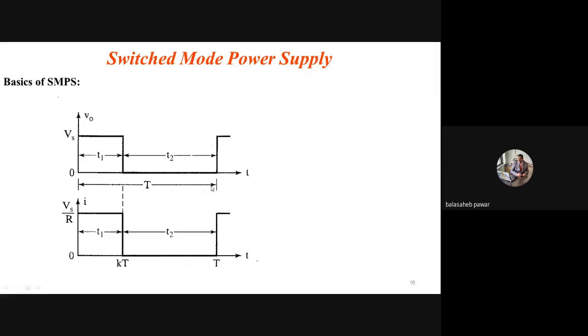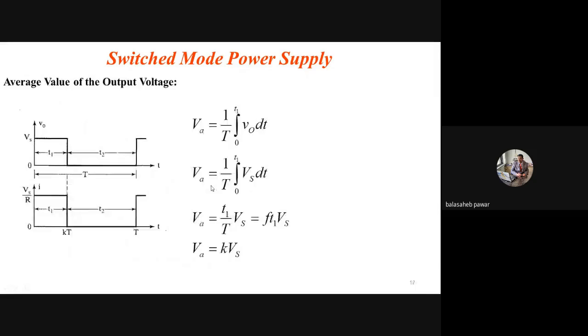Now, mathematically, yesterday I gave that formula directly, that VO equals capital D times Vin. If you remember, just try to recall it. The same formula I again repeated over here.